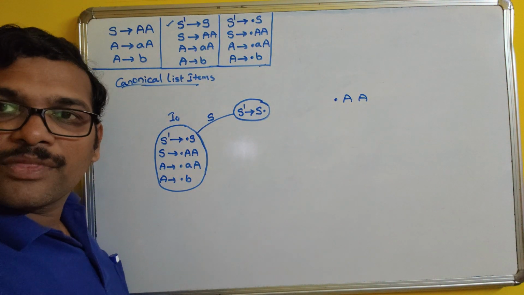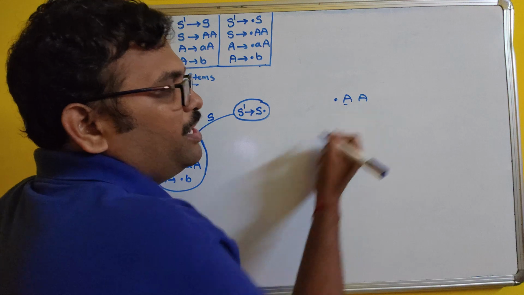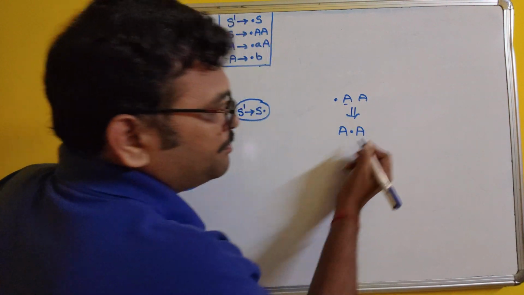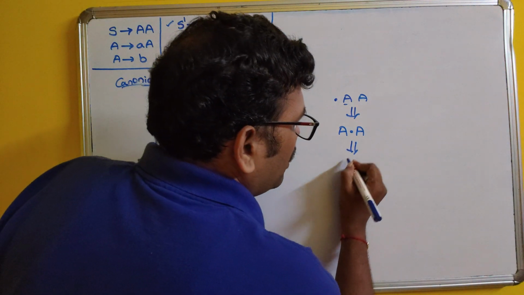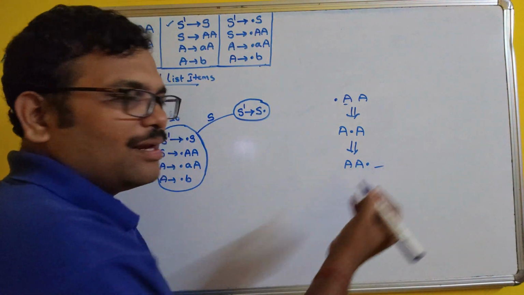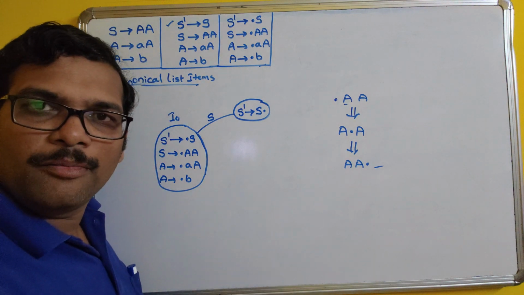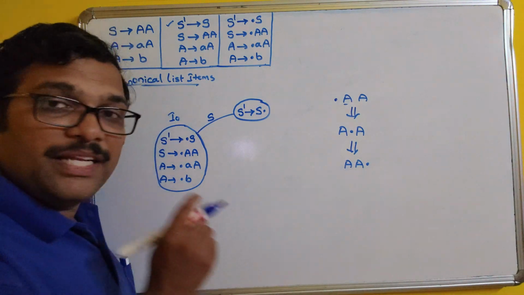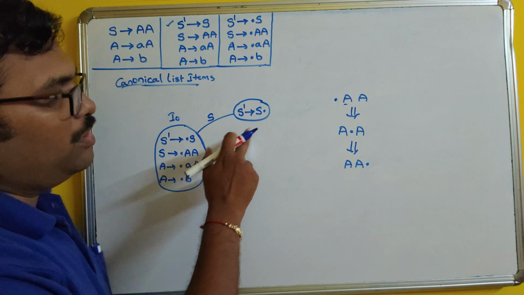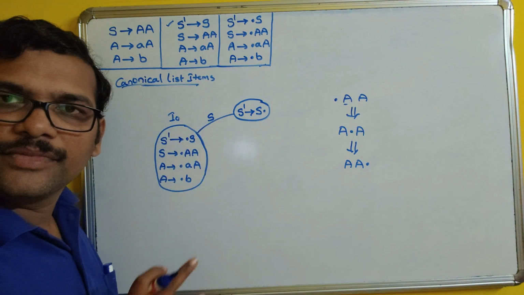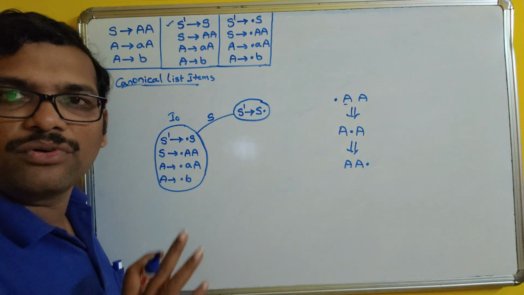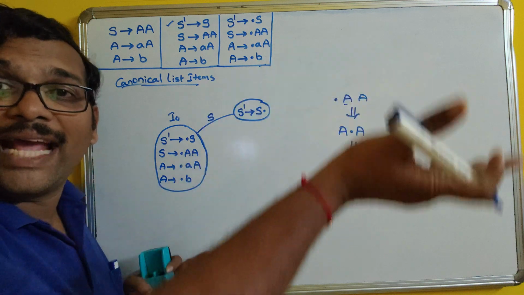The parsing starts from here, in the next step it goes here, and in the next step it moves to the next one. There are no other terminals or non-terminals to parse. That implies the production has been parsed completely. The same thing happens here. So this will be a leaf node, because we cannot expand.